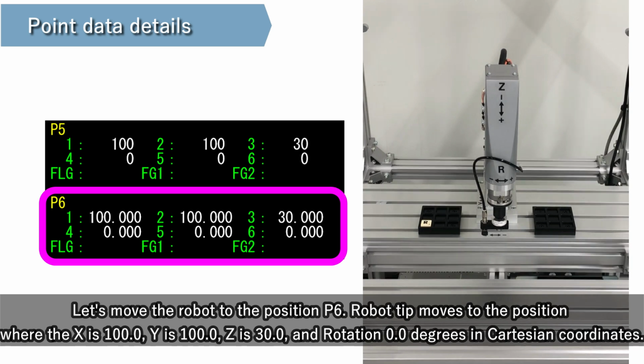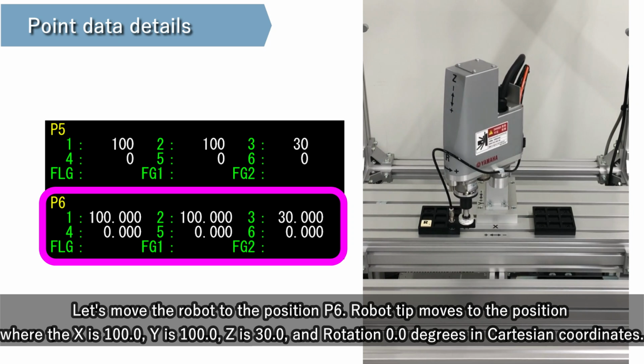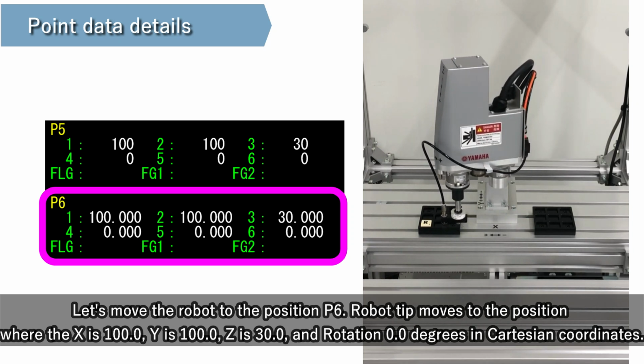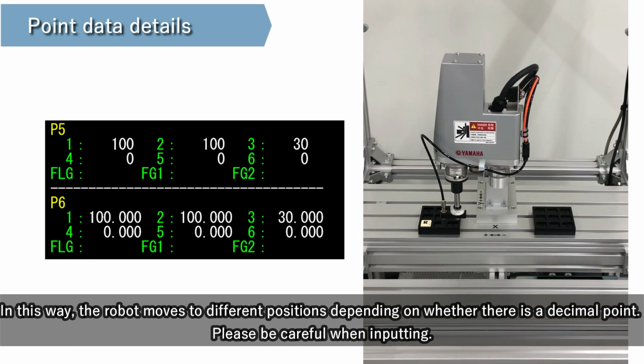Let's move the robot to the position P6. Robot tip moves to the position where the X is 100.0, Y is 100.0, Z is 30.0, and rotation 0.0 degrees in Cartesian coordinates. In this way, the robot moves to different positions depending on whether there is a decimal point. Please be careful when inputting.